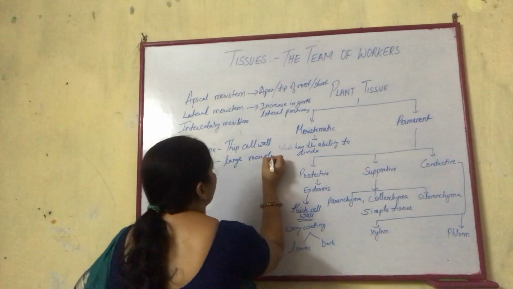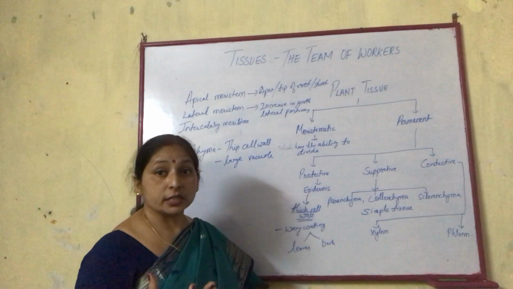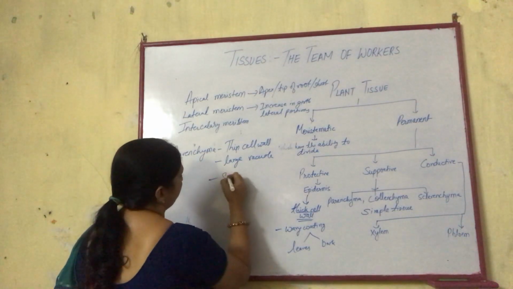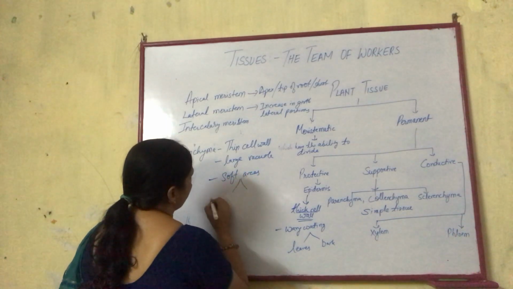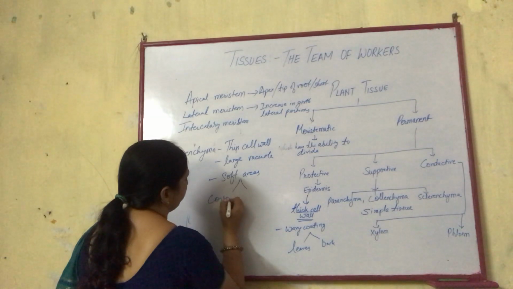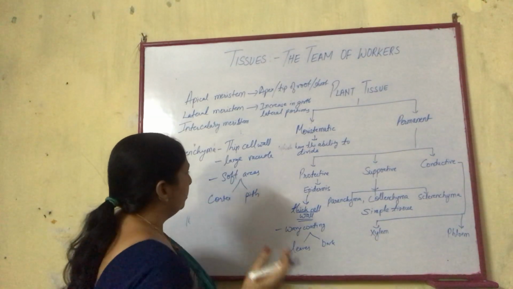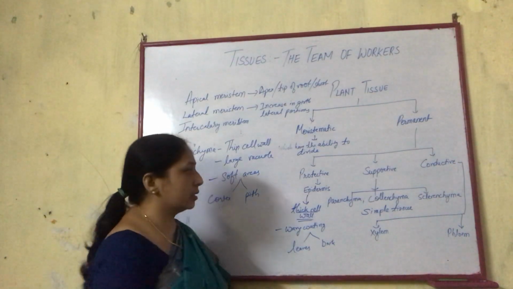With a thin cell wall and the basic function of storage with a large vacuole, they are present in the soft tissues or soft areas, which are the cortex and pith. In the cortex and pith region, the function is basically storage of food and support.